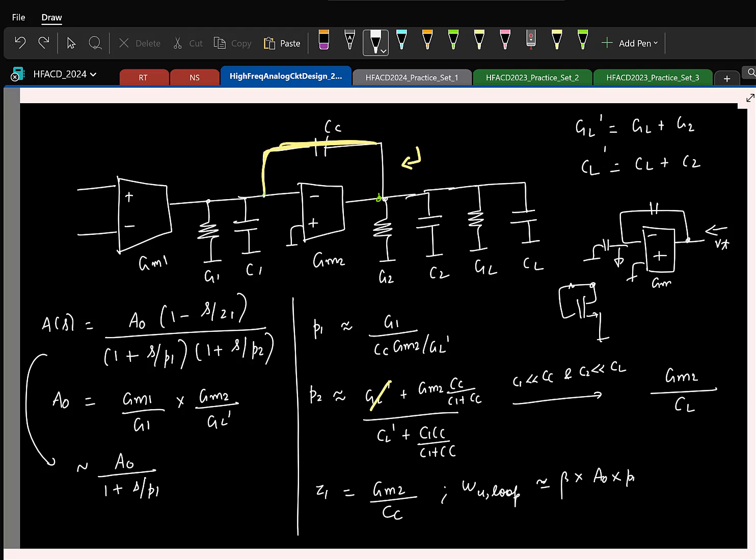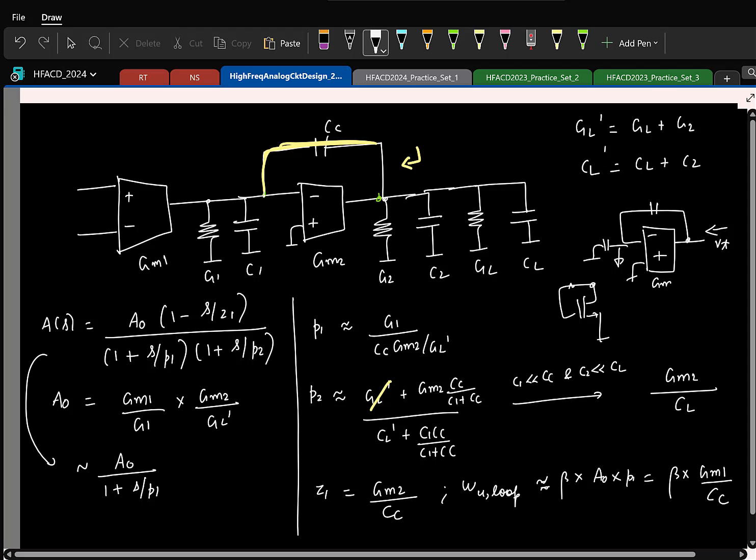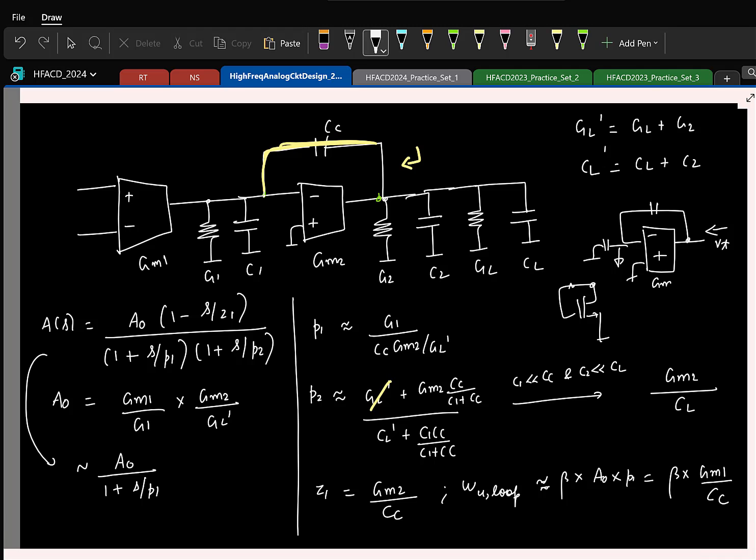So this is approximate. This is in turn equal to beta times Gm1 by Cc. Okay. So remember, this is an approximate expression assuming that the OTA is well compensated. That is, it is behaving like a good first order system till the unity loop gain frequency.